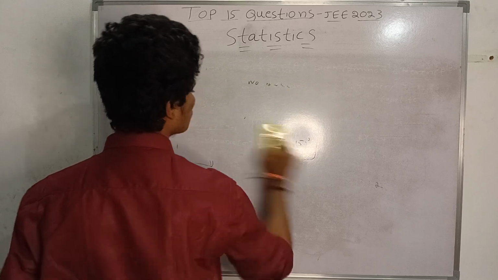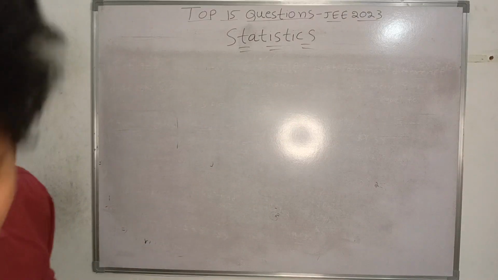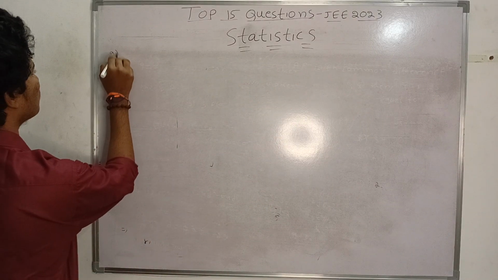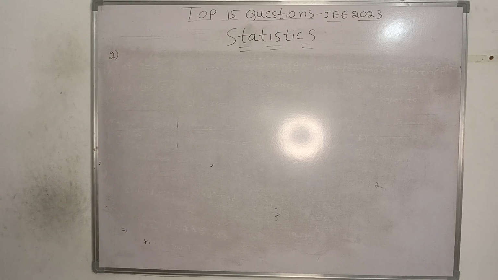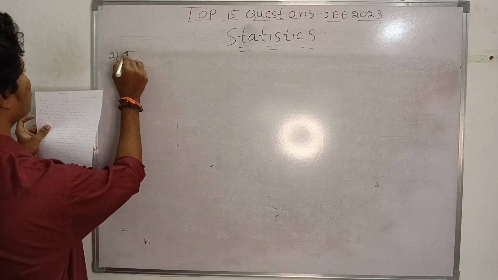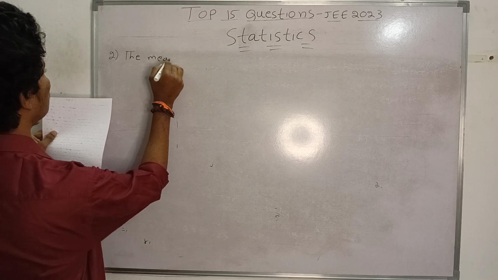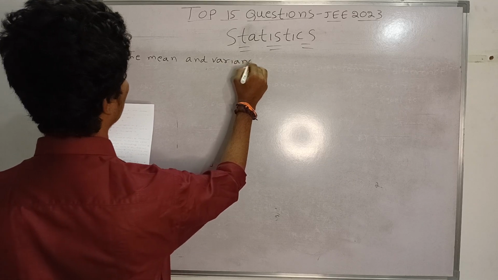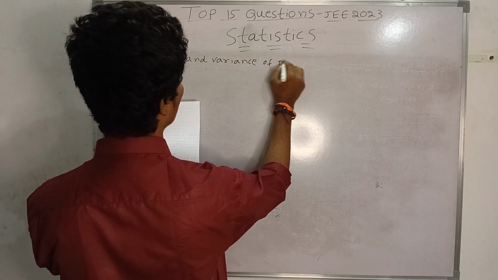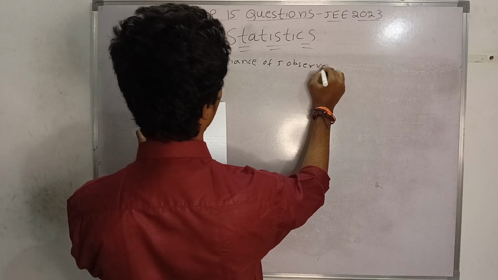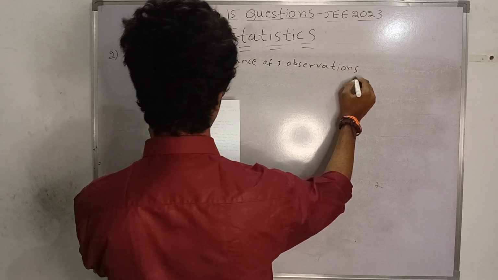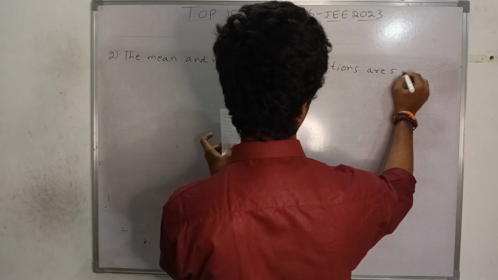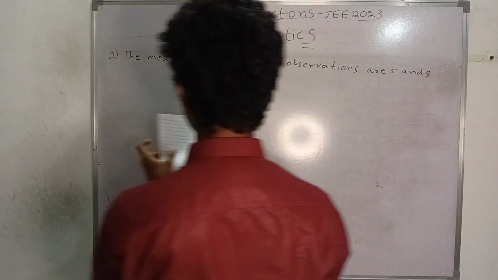And now let's go into the second question. The first question has been completed. Now it's time for the second question. The mean and variance of five observations are 5 and 8.